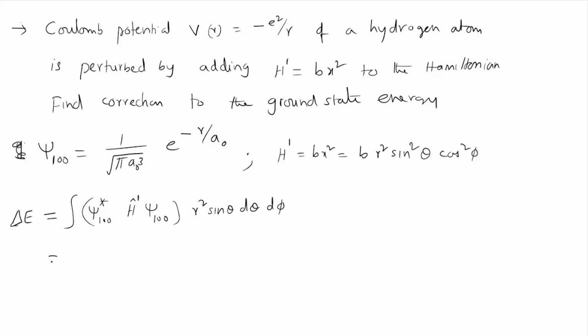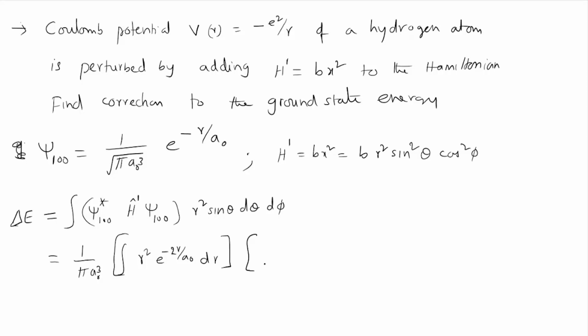If you notice, when I do this, let me separate 1 over pi a0 cube. This is a constant out, and the integral has r square e power minus 2r over a0 dr. This is the radial part. This is one thing.